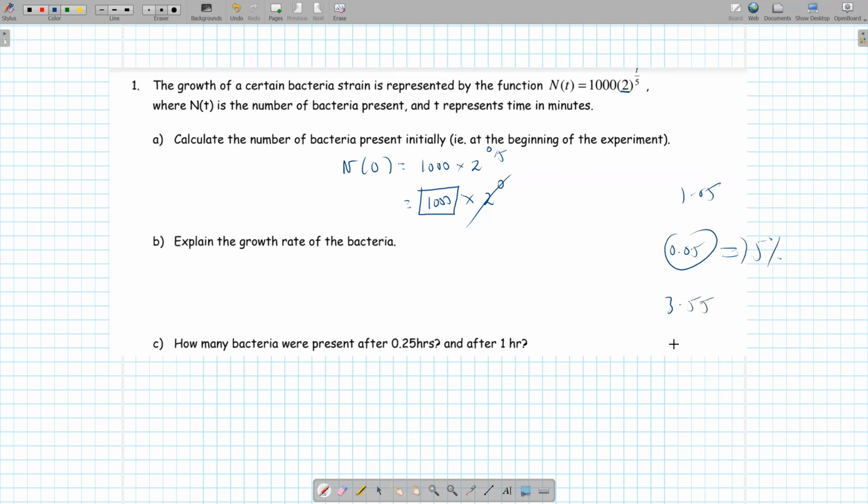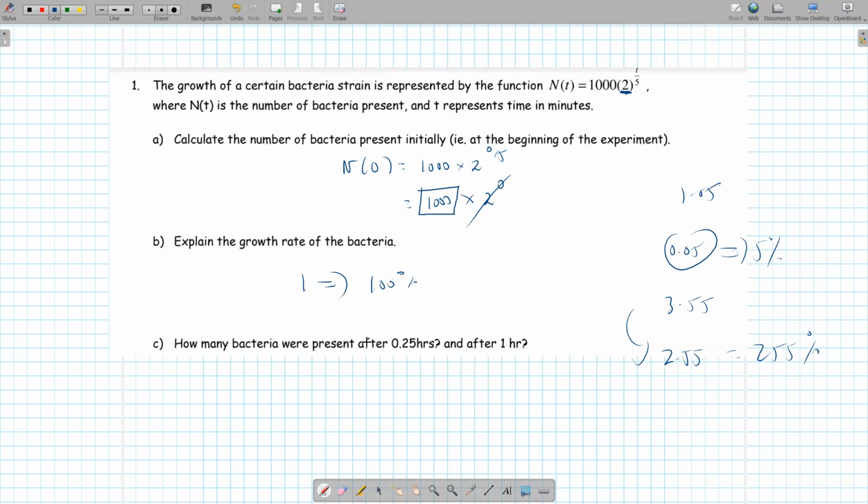If you have 3.55, the growth rate would be 2.55 or 255%. You just subtract 1 from this. So what's the growth rate? 1, right? And what's that as a percentage? Just multiply it by 100. To go from a number or a decimal to percent, just multiply it by 100.